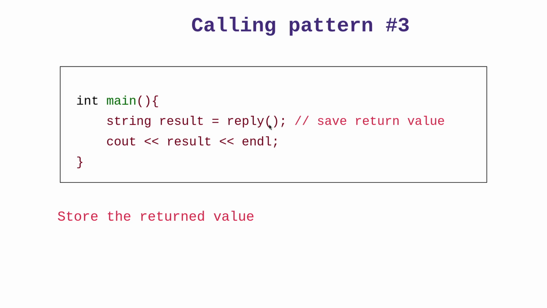I know that this function will send me back something, and so I will store that something in a variable. I want you to notice the pattern: create a variable, put the equal sign, and then call the function, so that whatever is returned is stored inside the result variable.